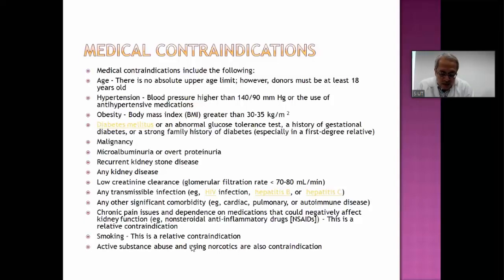What the Americans have done is put all their donors on follow-up, up to maybe 10 years. For up to 10 years after donation of one kidney, with the other kidney being normal, they saw that nothing happens.